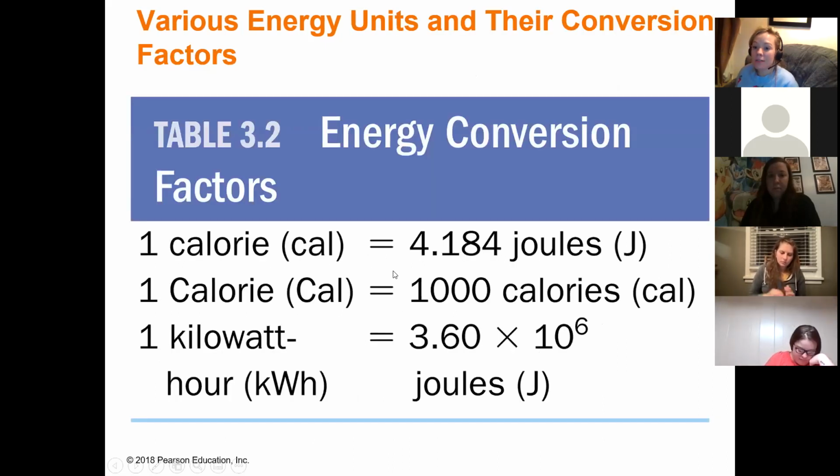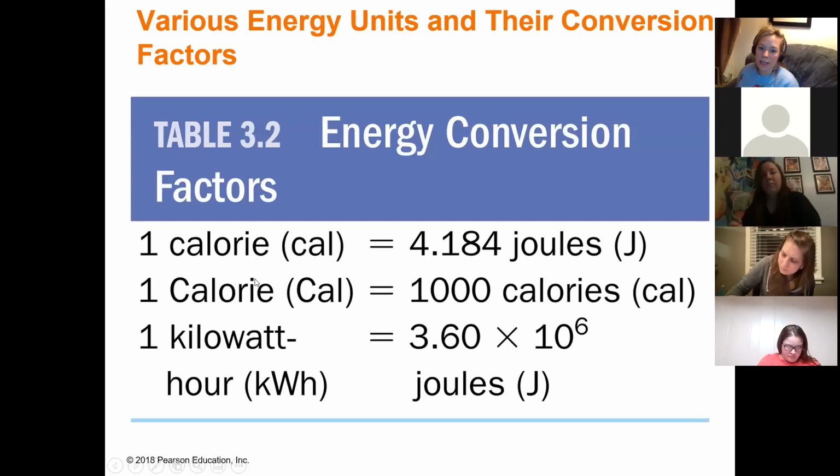But you do want to have these conversion factors available. We will use them. Again, how many conversion factors are there out there? So many. Hopefully you've got that system down now. So let's see, we've got 1 little c calorie is equal to 4.184 joules, and we'll see that number again. 1 big C calorie is equal to 1,000 little c calories, okay?